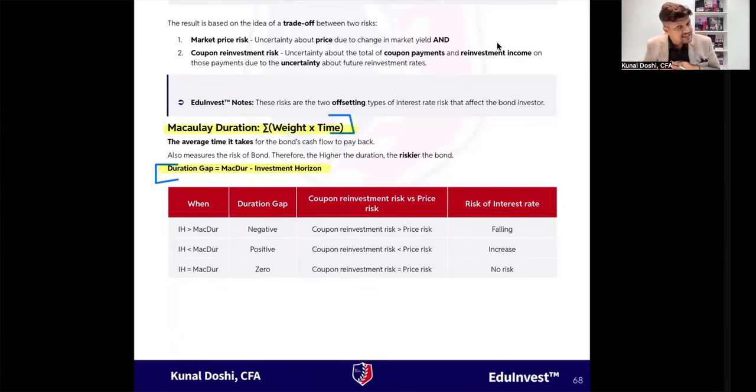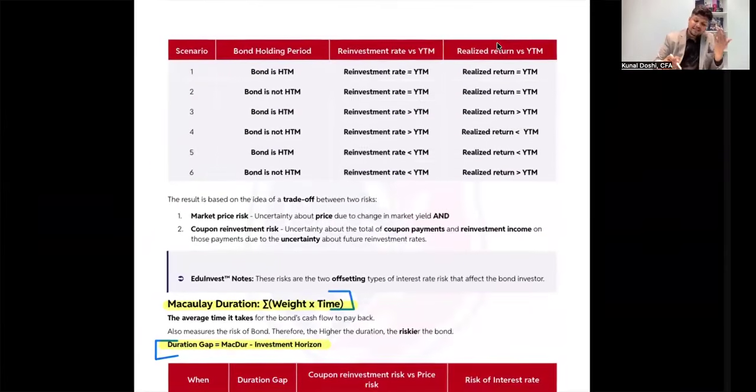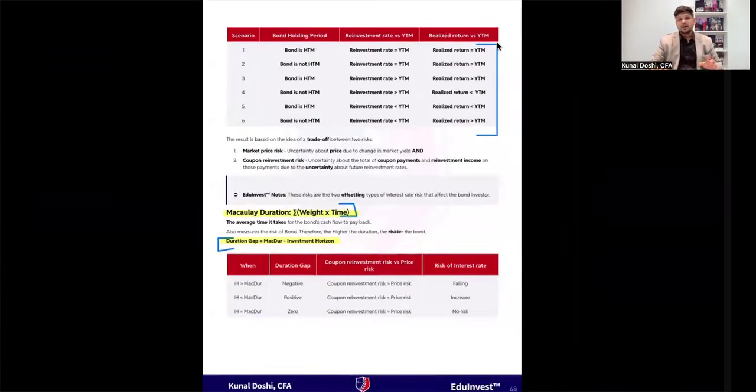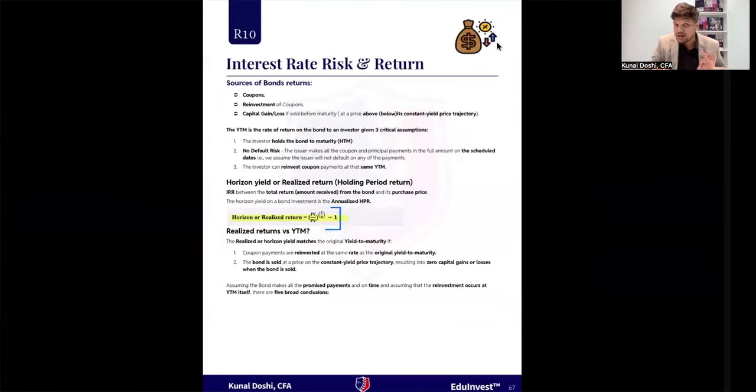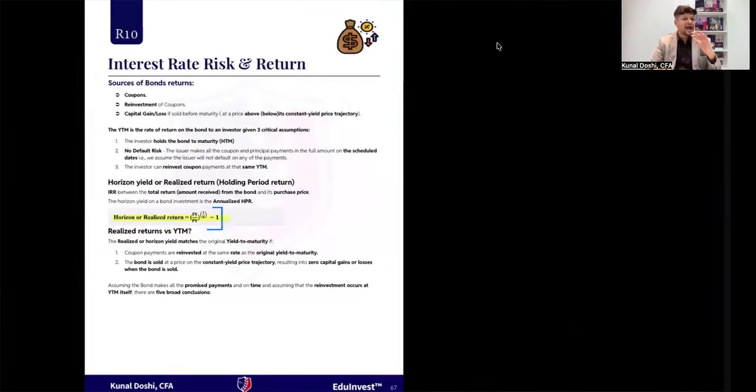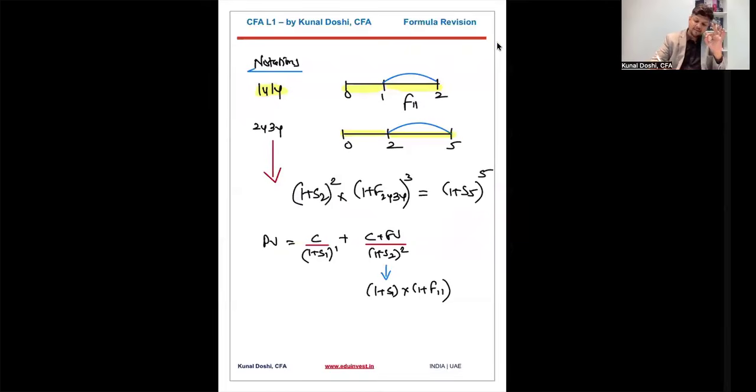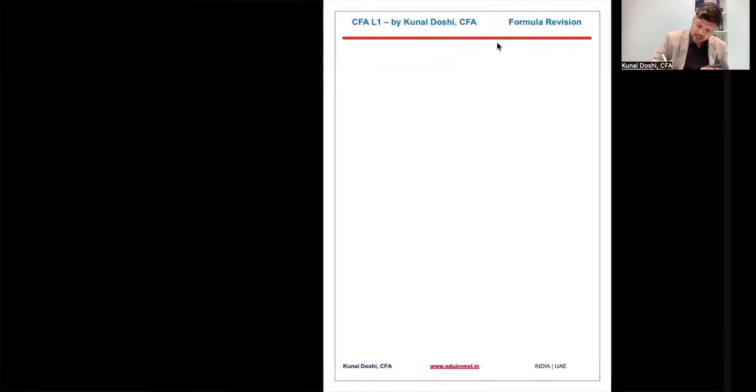Although the durations I've discussed separately, and in the class I've discussed what to do with holding period return or when the realized yield and YTM are same. This is something that I would suggest you to go through the explanation. It's very well, amazingly described. But the two formulas that you should know here are the horizon yield and the duration gap. So let us focus on the risk part.